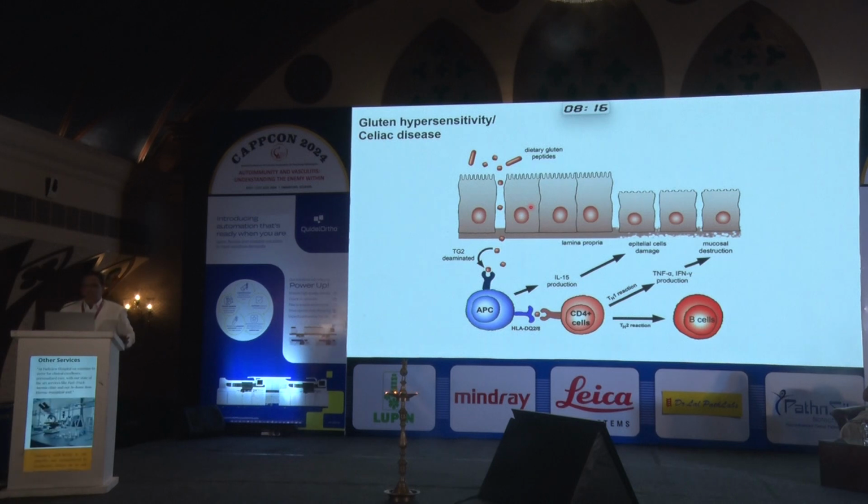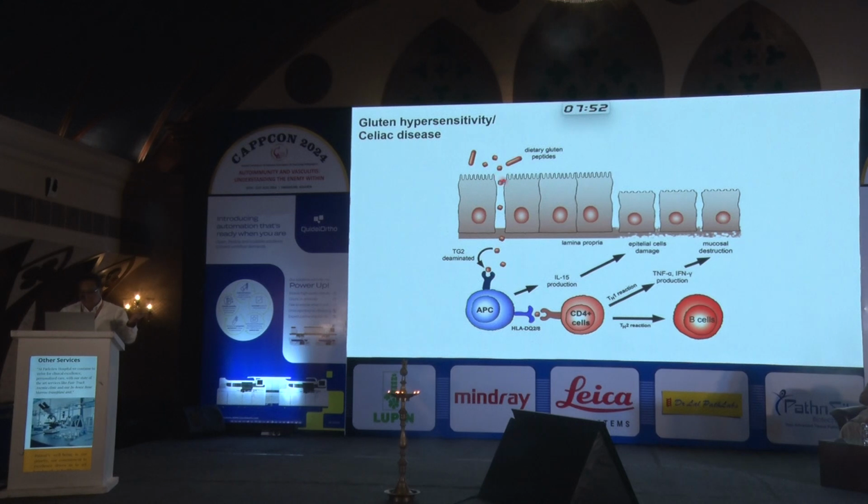Now, it's not only the antibodies. Here I'd like to bring in the story of celiac disease. This is a disease which has been very well worked out, because here we have gluten, the inciting environmental factor, which is the dietary gluten peptides.